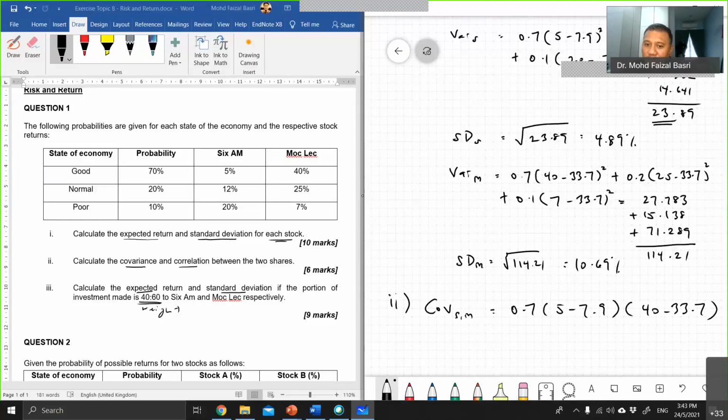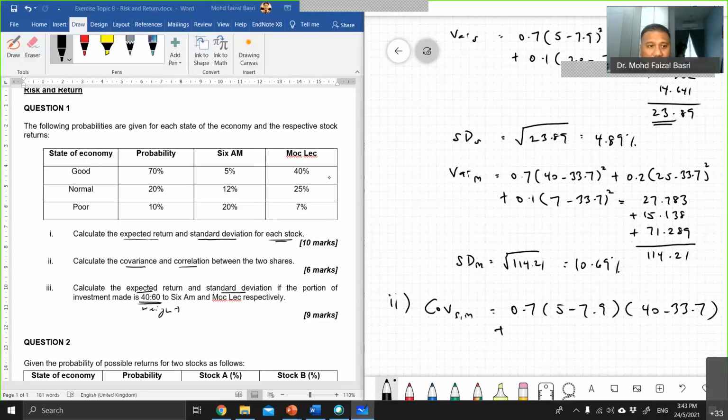Remember for covariance, we don't use the square. If we have negative, just let it be. And as I said, by looking at the pattern, we know already this is a negative relationship, but anyway, we try to calculate later.